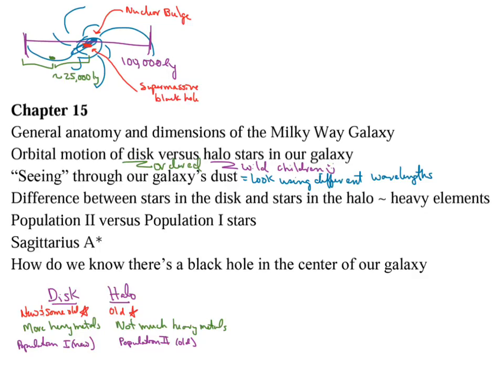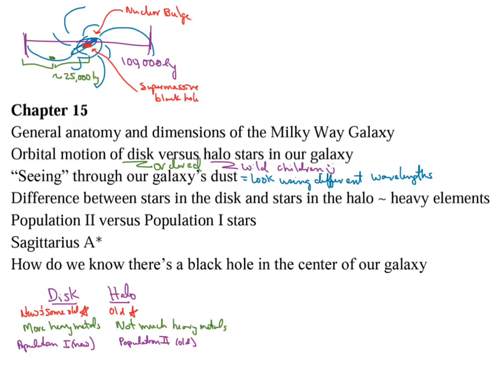By the way, it's backwards: we call the old stars population 2, and the newer, recycled stars population 1, which is just strange. Most stars are population 1. Our star is population 1.